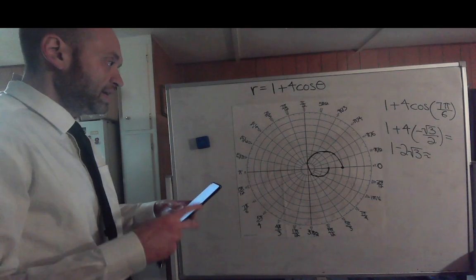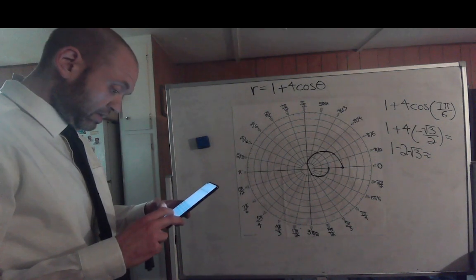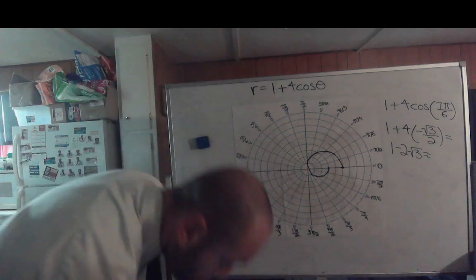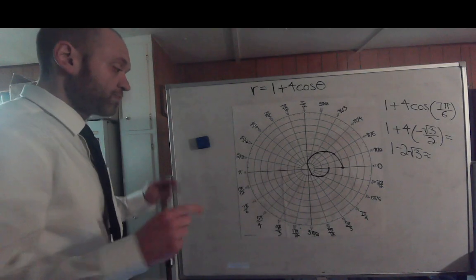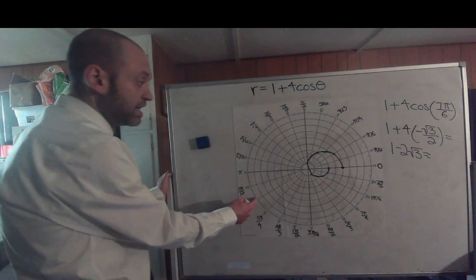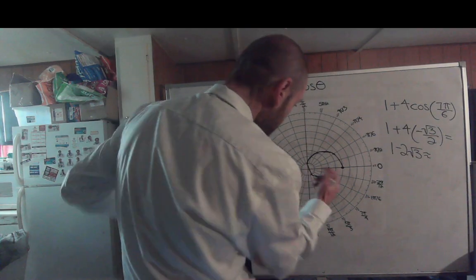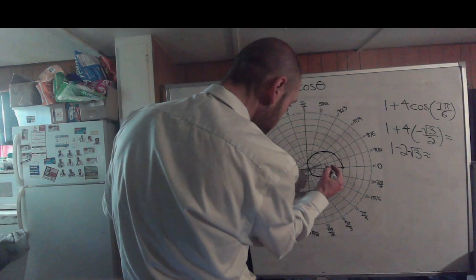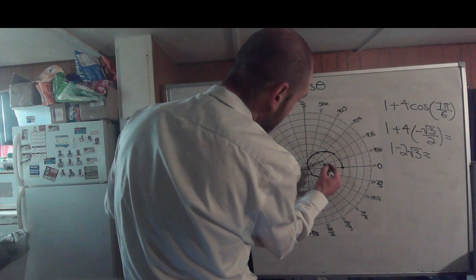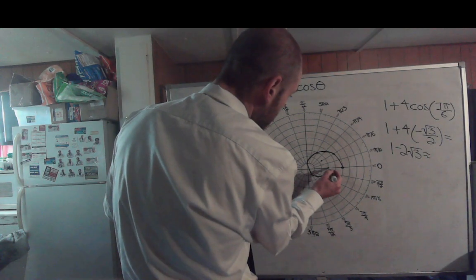We know it's going to be negative. That's about negative 2.46, but if I go in the negative direction on 7 pi over 6, I'm back at pi over 6. So that would put me at positive 2.46 roughly on the pi over 6 axis. So let's close this in here.